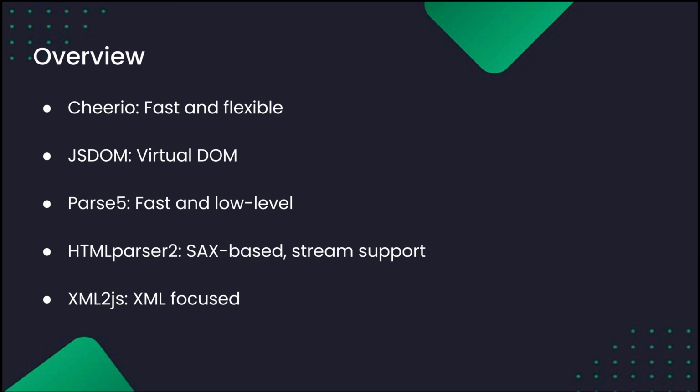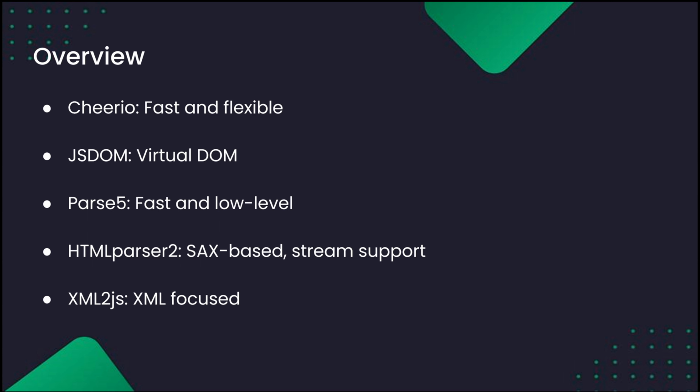Cheerio is a fast and flexible library inspired by jQuery, which provides a simple and convenient API for parsing and manipulating HTML documents. It uses a similar syntax to jQuery, making it easy for developers familiar with jQuery to work with HTML in Node.js.